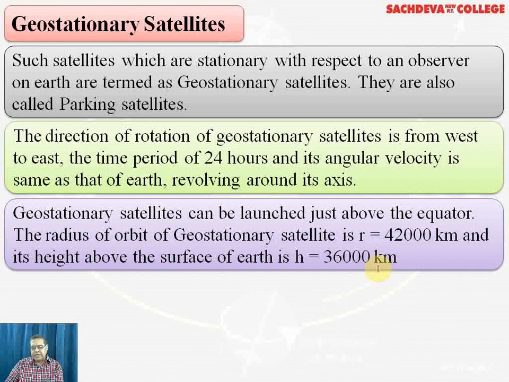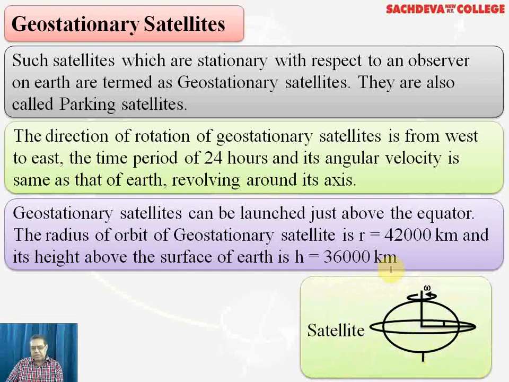This indicates that 36,000 kilometers is the height from the circumference, and if 6,000 kilometers is nearly the radius of Earth, the net distance becomes 42,000 kilometers from the center of Earth. So a point about 42,000 kilometers from the center of Earth is called the parking orbit or geostationary orbit.